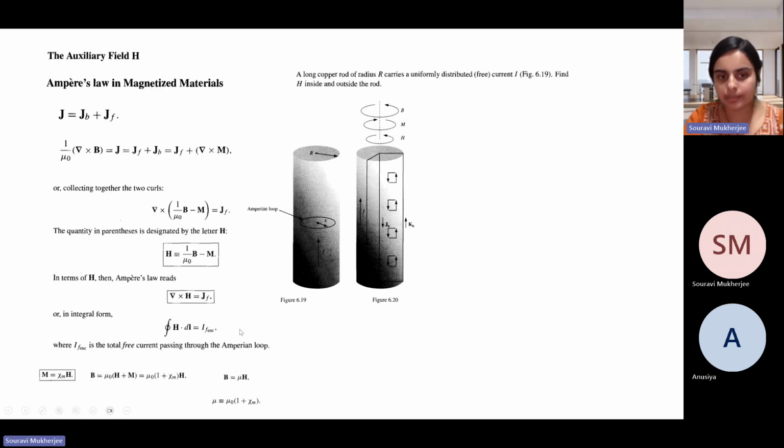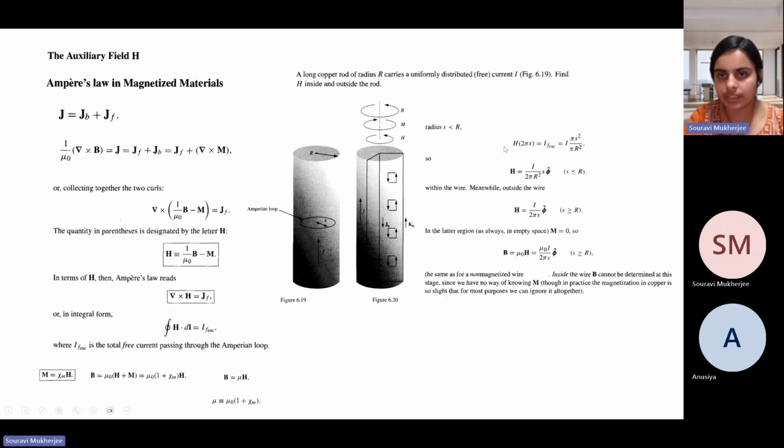So what you do is you use Ampere's law for the current flow inside, and you can also do it outside the rod. What you see is when S is less than R, that is somewhere inside, then H into 2 pi S equals the current enclosed. You know the total current is given as I, so current per unit area will be given as I by pi capital R square.